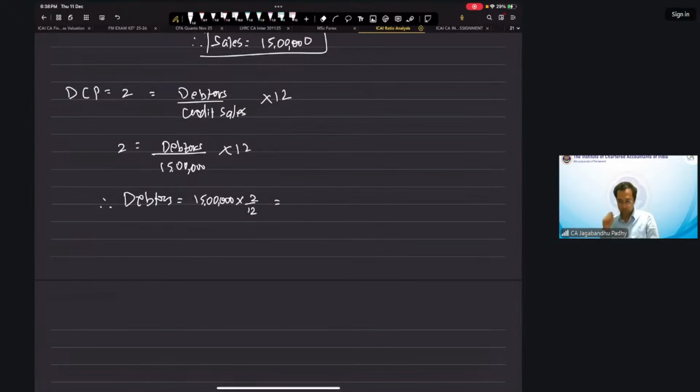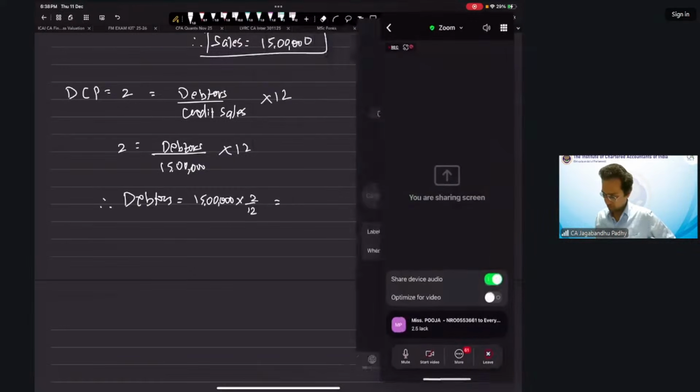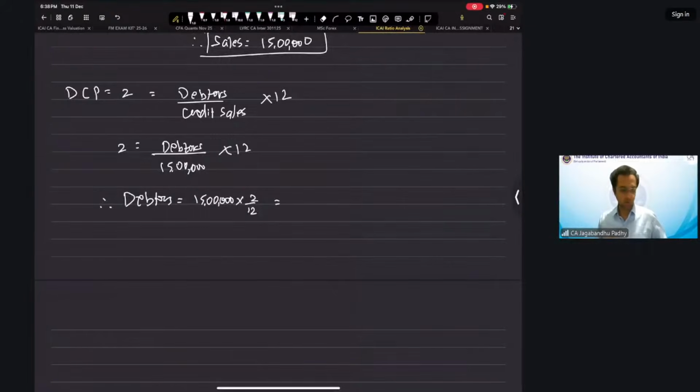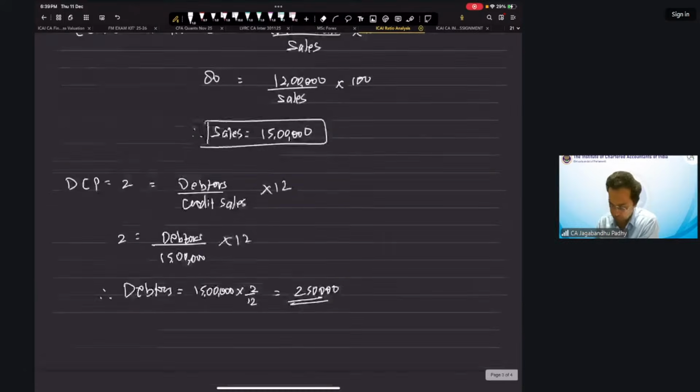So 15 lakh into 2 by 12, debtors is amounting to how much, guys? 15 lakh into 2 by 12, 30 lakh divided by 12, which is 2 lakh 50. So debtors is amounting to 2 lakh 50,000, guys.